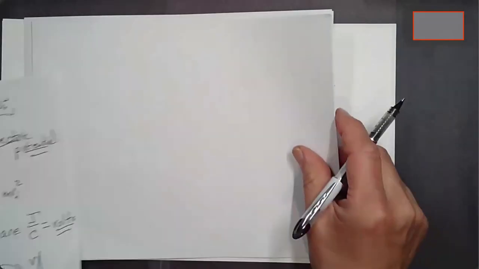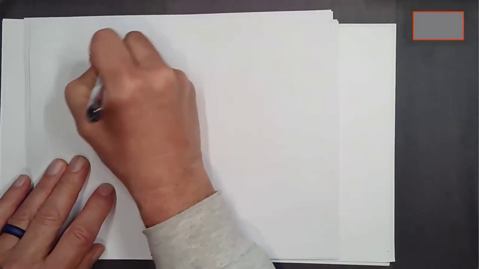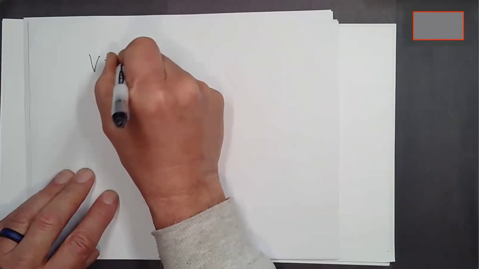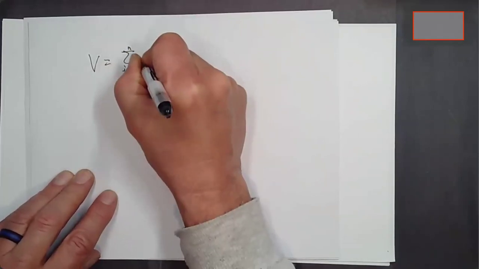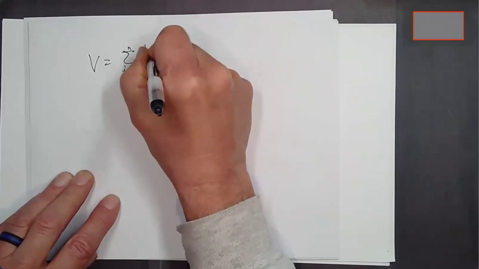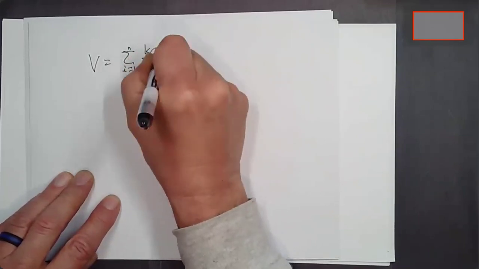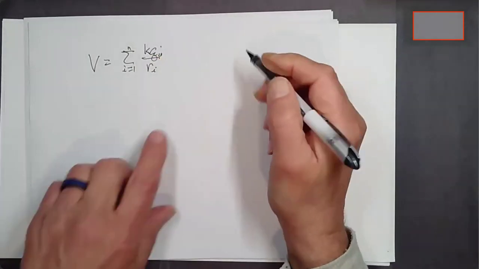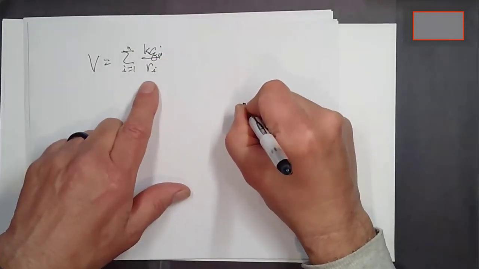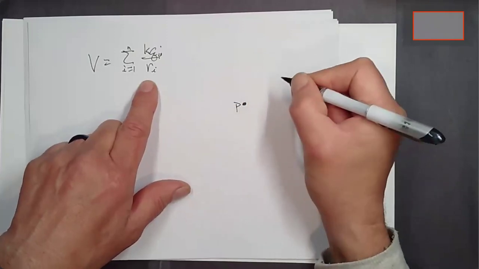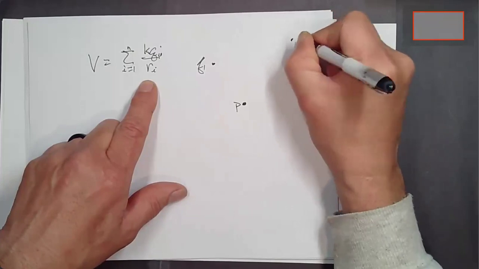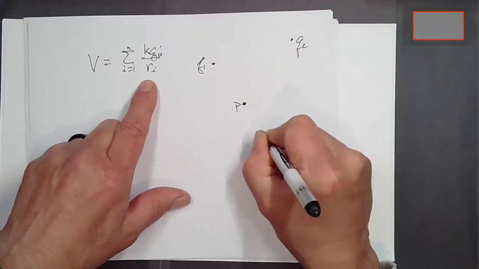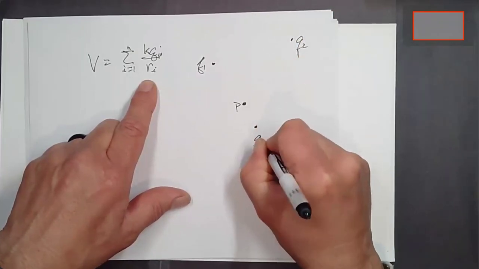If you have a whole bunch of charges and you want to know the electric potential of those, it can just be the sum from I equal 1 to however many charges you have of K Q sub I over R sub I. And this would be like if you've got some point P that you're calculating the electric potential at, and you've got a Q1 here, and a Q2 here, and a Q3 here.